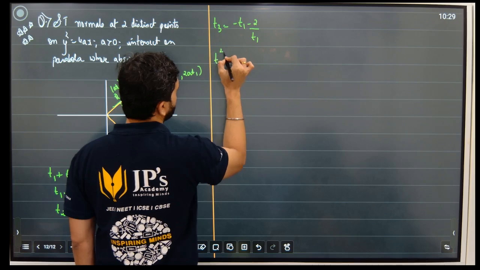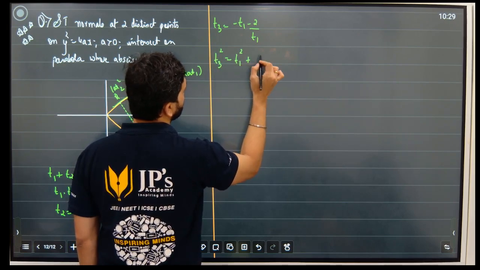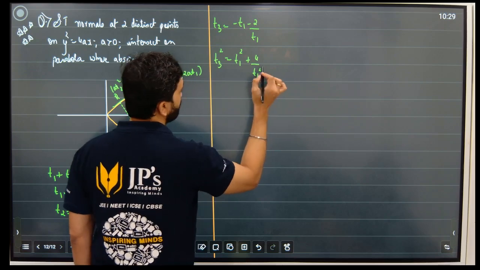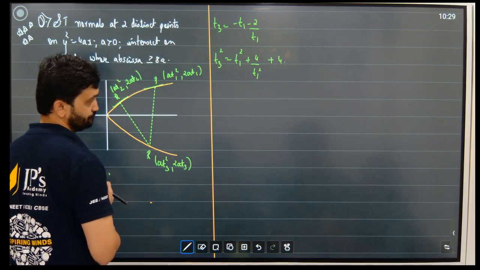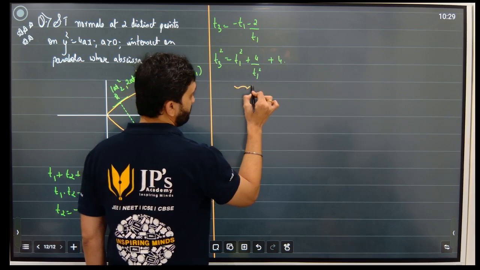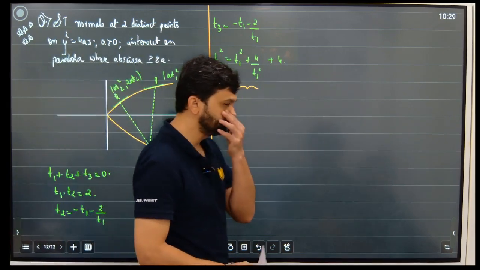If I square this, it will become t1 square plus 4 by t1 square plus 4. इसका वैल्यू क्या है?